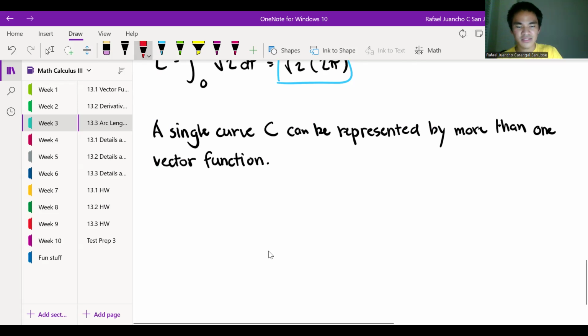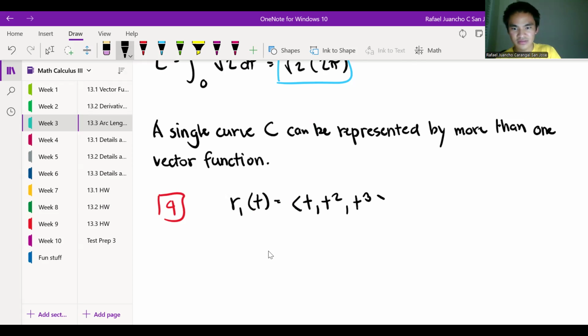So, examples of this. We have this vector function, R1, which has these components: t, t squared, t to the 3, where t is in between 1 and 2.